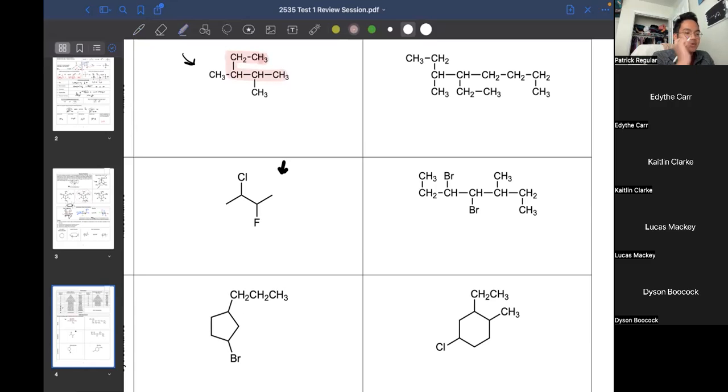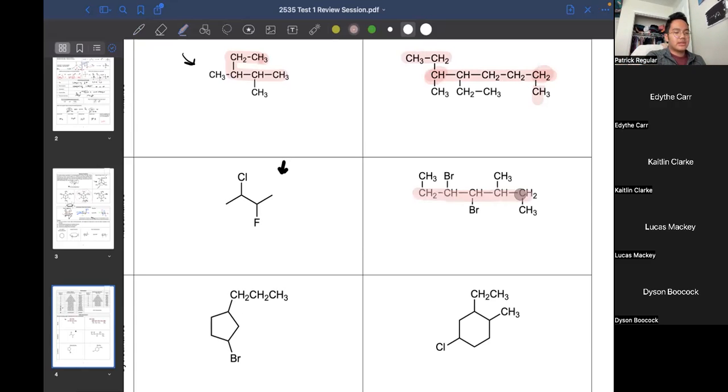That's kind of a bad example, but for this one on the right, let's just say you want to go across. That's something that he will throw at you. He'll lay it out where the chain across the paper looks like the longest chain, but just look at the ends and see if you can extend that chain a little bit. You can, so you just extend your parent chain.